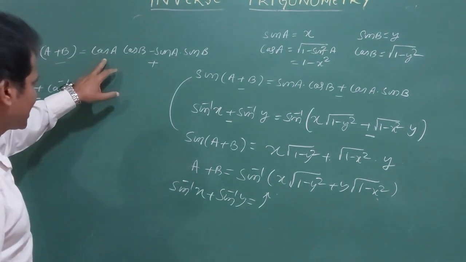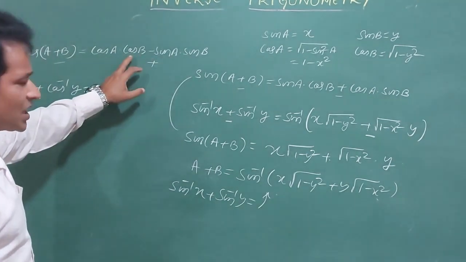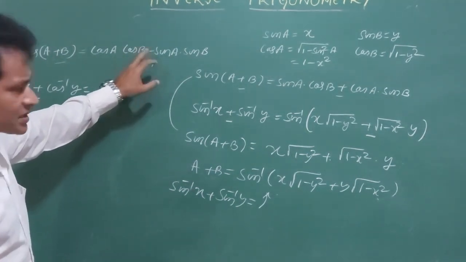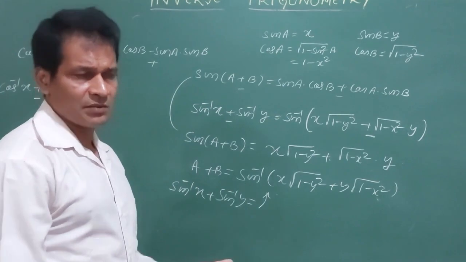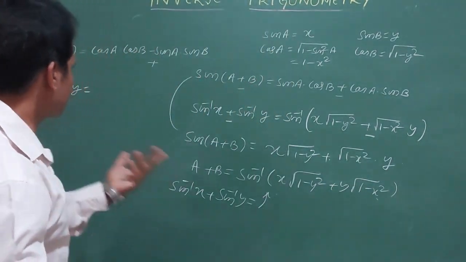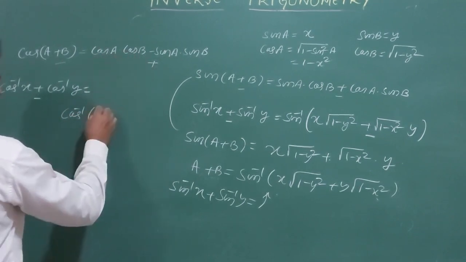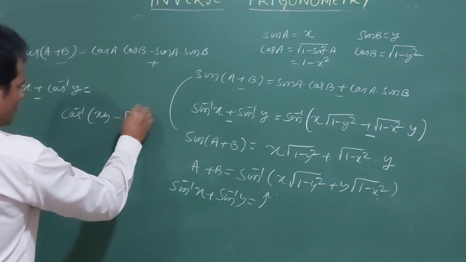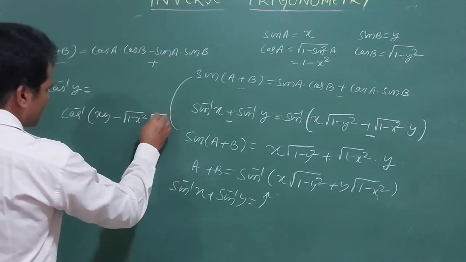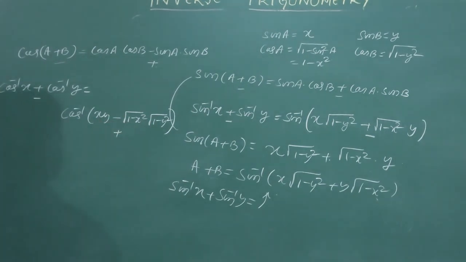If I assume cos A is x, sin A becomes under root 1 minus x square. We assume cos B is equal to y, and sin B becomes under root 1 minus y square, because sin square theta plus cos square theta is equal to 1. That's all, simple now. Cos inverse outside of x into y, minus under root 1 minus x square under root 1 minus y square. If it is minus, this becomes plus.